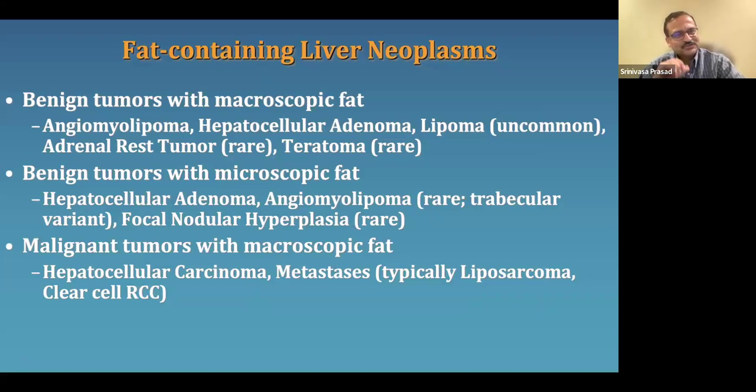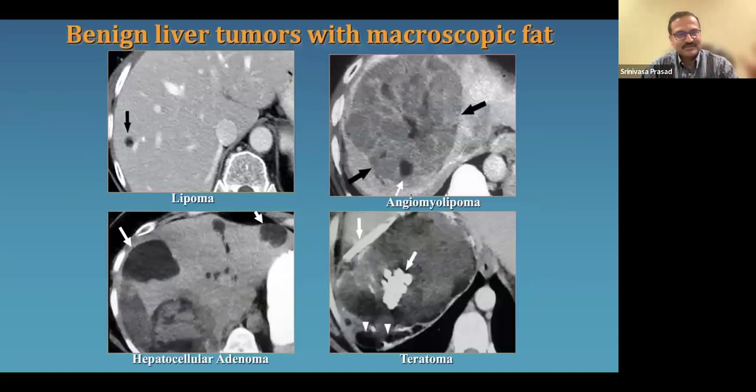Now, we've seen some examples of so-called fat-containing liver neoplasms. One can divide them into either macroscopic fat or microscopic fat. And here are some benign tumors with macroscopic fat.